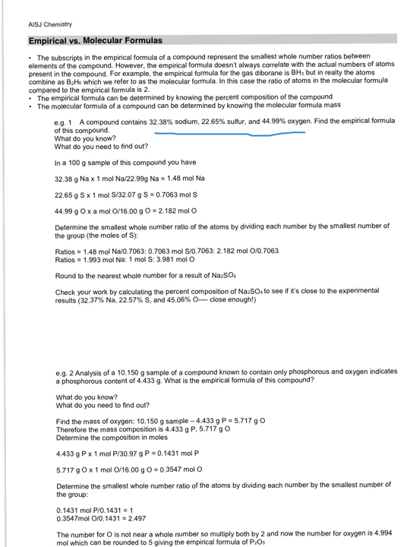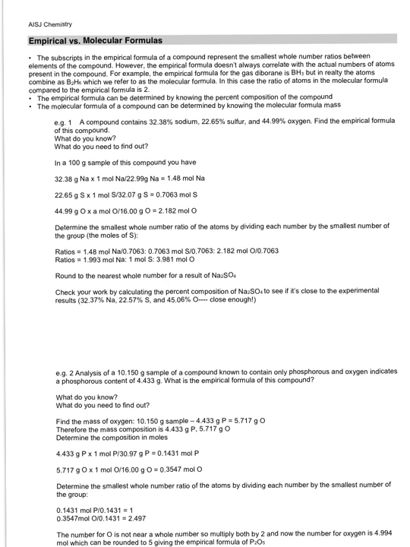So first you have to ask yourself, what do you know? You know the percentages of elements in the compound. And what do you need to find out? You want to find out the relative ratios of moles of sodium to sulfur to oxygen in the compound. So you're trying to find the minimum ratio of those subscripts.